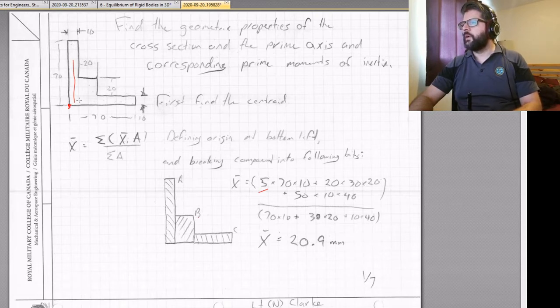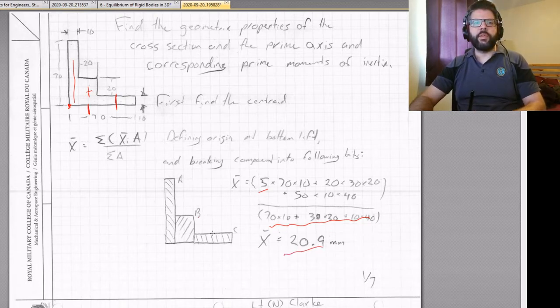This next one here, it's got its centroid located here at 20 millimeters, and its area, 30 millimeters times 20 millimeters. This next one here has its centroid located here at 50 millimeters, and then 10 times 70 millimeters, and then all over that total. So that ends up giving us an x bar that is located at 20.9 millimeters. So kind of right about there.